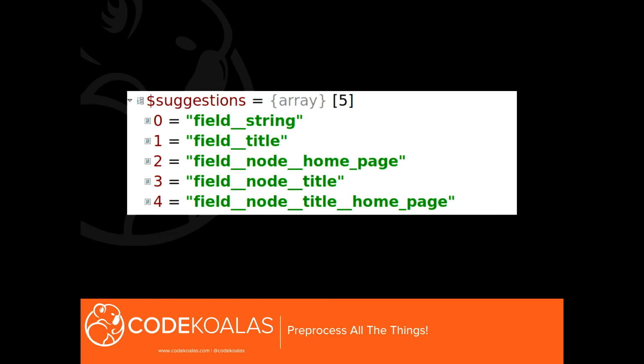So they're very handy, very useful for this. And these are just the array, the variables that you have content exposed under. And as I was saying, you can be very specific with how you want your suggestions to be. You can throw your field name, your entity type into your template naming suggestion.